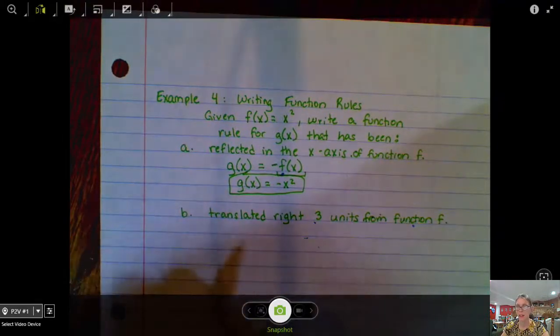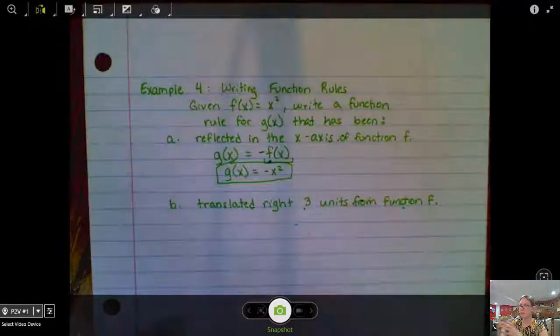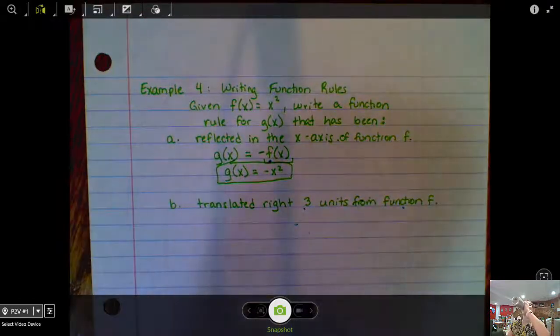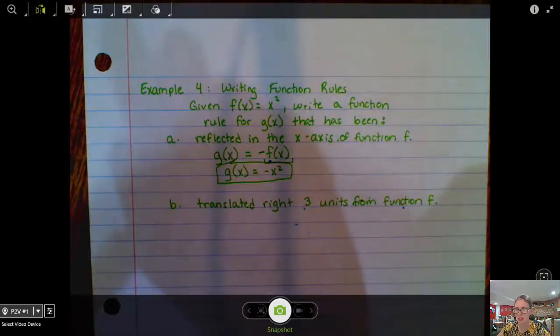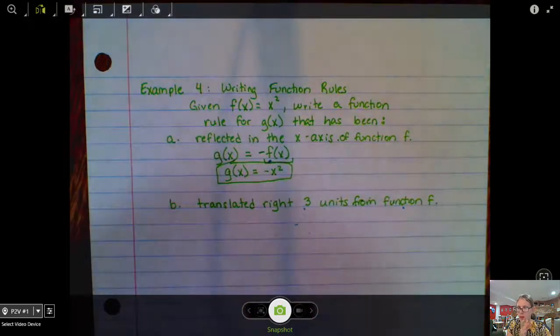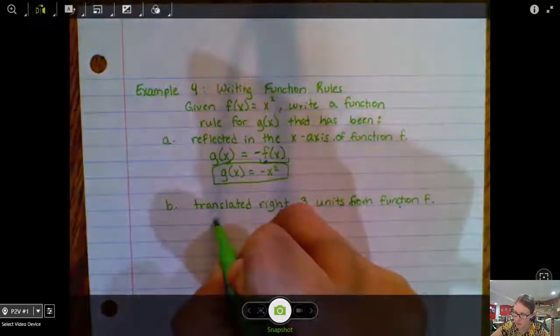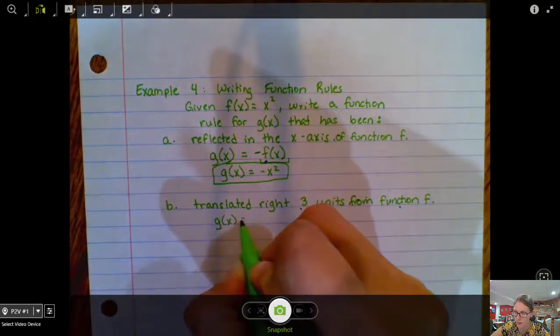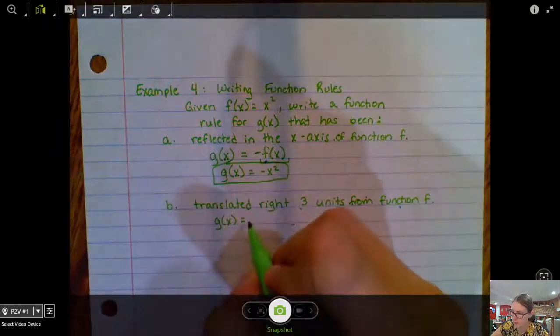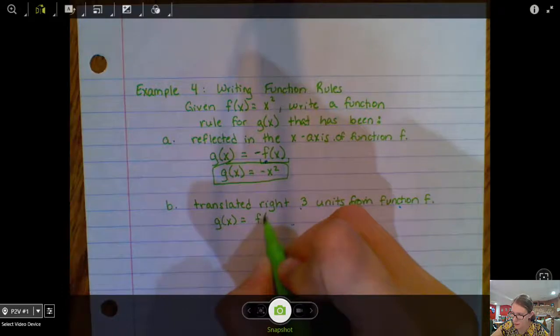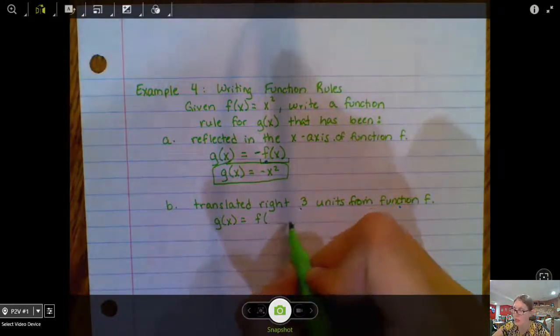All right, so translated 3 units right. Well, if it's going right, something's happening inside of our function. So we'll start there. G of x is f of something, and something's happening inside here.